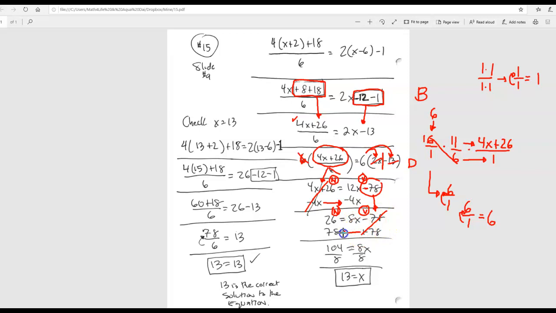What I want to do here is what I did on one side, I want to do on the other side of the equal sign. So I have 78 positives there, 78 positives over here. Using arithmetic, it'd be 26 plus 78 gives me 104. Algebraic thinking, 78 positives, 26 positives, 104 positives.